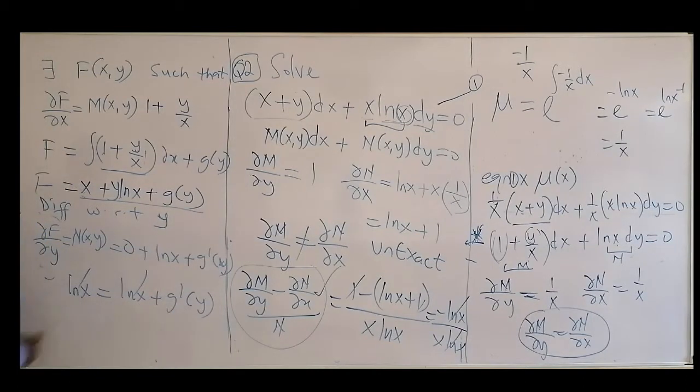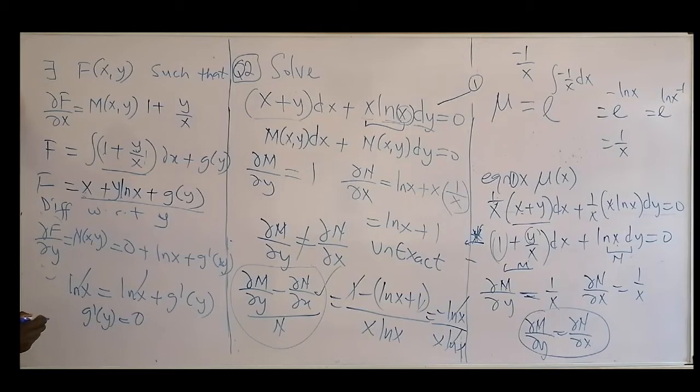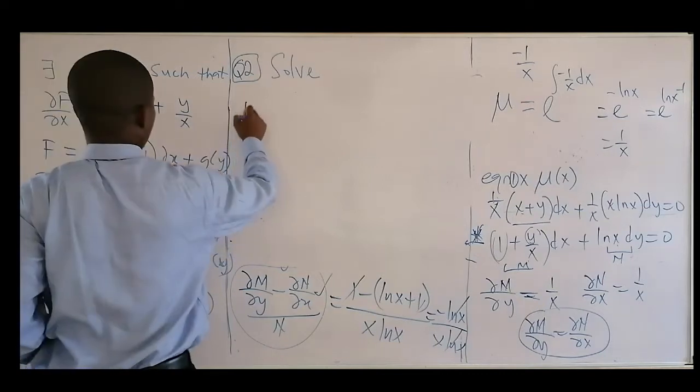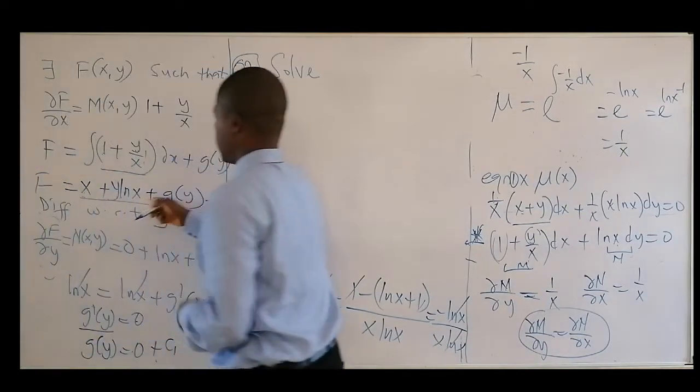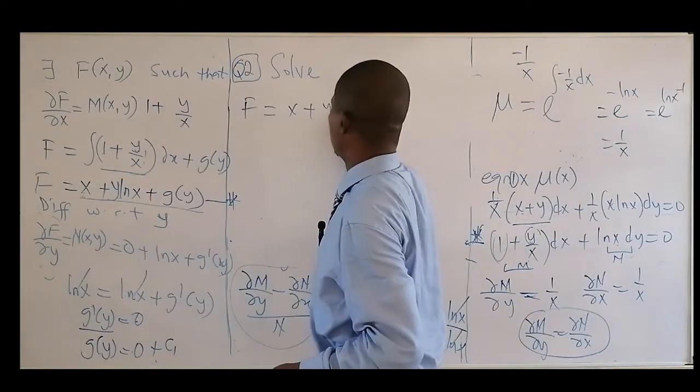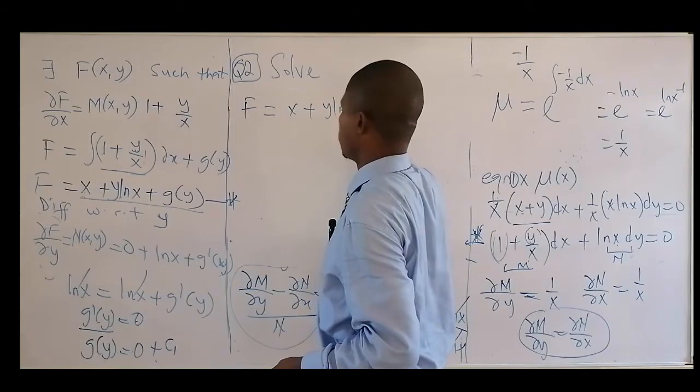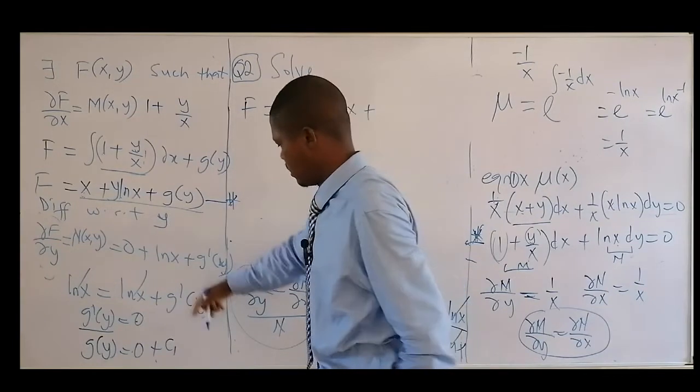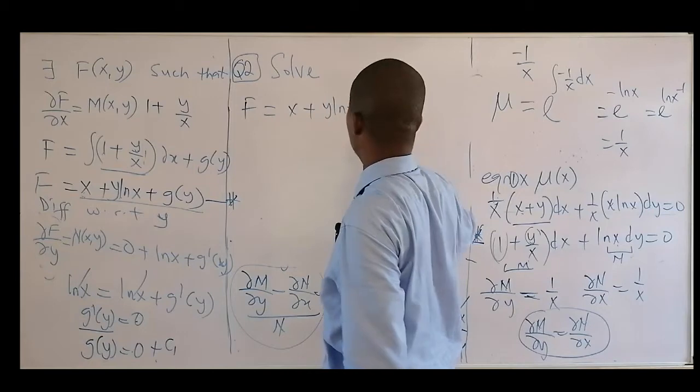So ln x will cancel. Then we have g prime of y equal to 0. Then you can integrate this, and that will give f. Now f is x plus y ln x plus g of y, which is just c1.